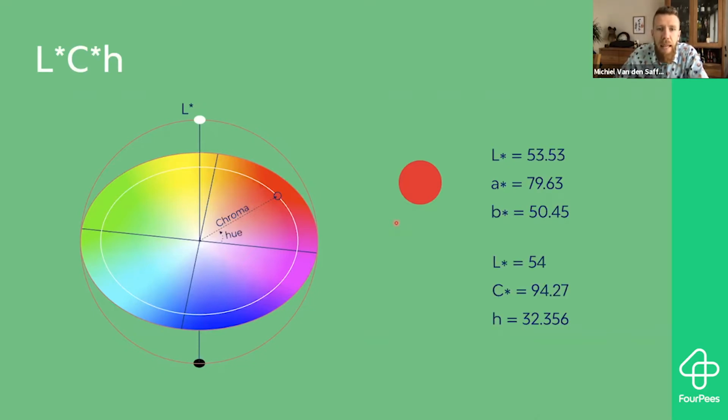And then we have the angle around the axis starting from 0, which is this line, and we see the hue. So I can mark that and I can say our L is 54. I can't indicate that here because it's a bit hard to draw on this 3D model when you're looking at a 2D space. I have the C, which is the distance from the center, and I have the H, which is the hue, which is this angle. And that's a different way of noting color in the same LAB space.